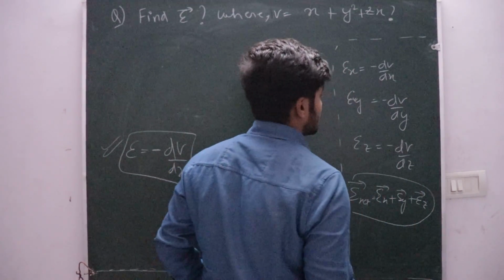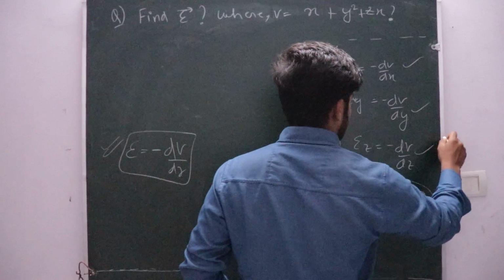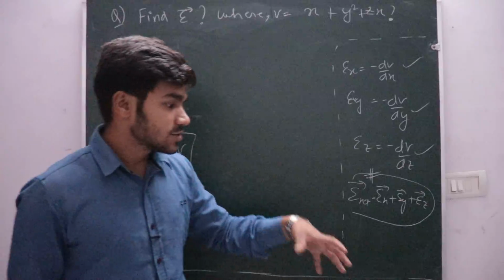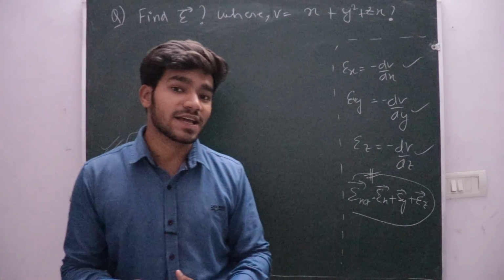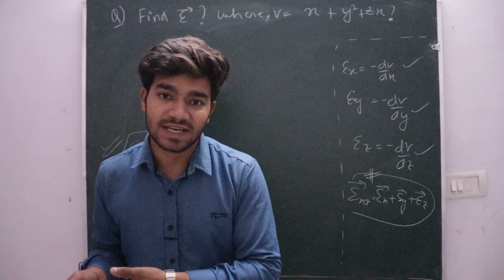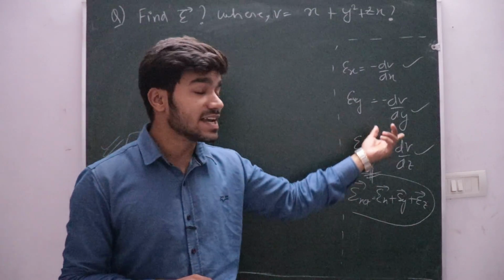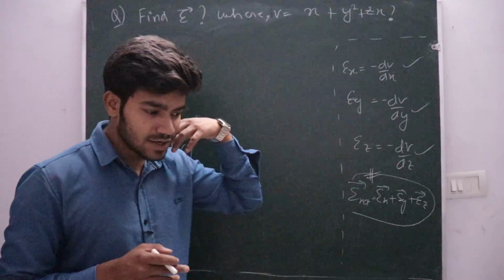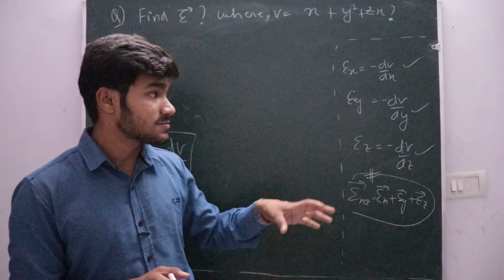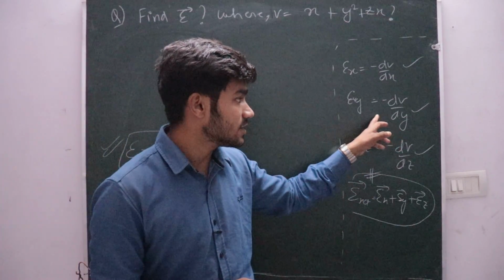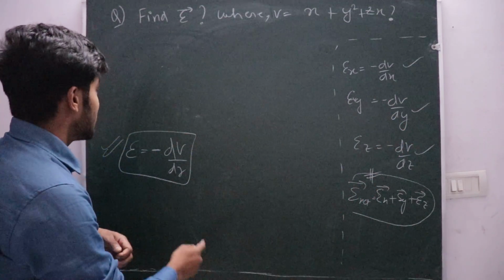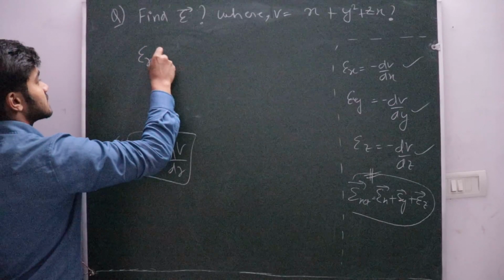You need to remember these three and the final expression. So whenever you are given the equation of an electric potential, you just need to partially differentiate it. Partial differentiation means you differentiate the whole equation only with respect to the variable written in the formula. So first of all, let us calculate Ex.